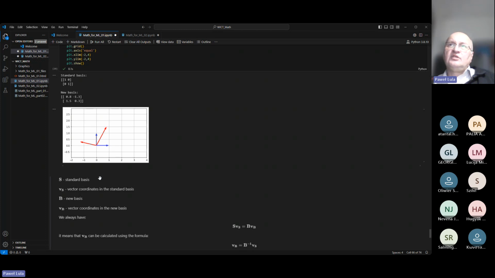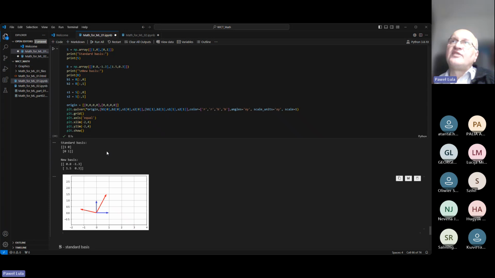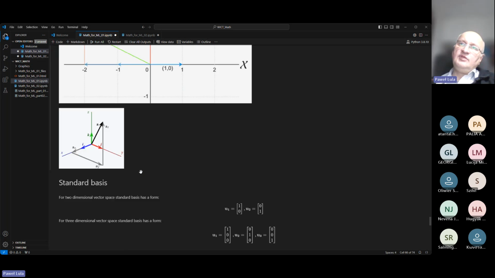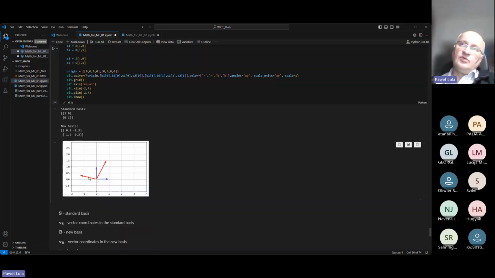So we have a vector, and its location is defined using this standard basis. For example, it is the situation which we had here. This green vector, its location is defined in the context of this basis, which is created by these two unit vectors. And now, remember, we have a new basis.